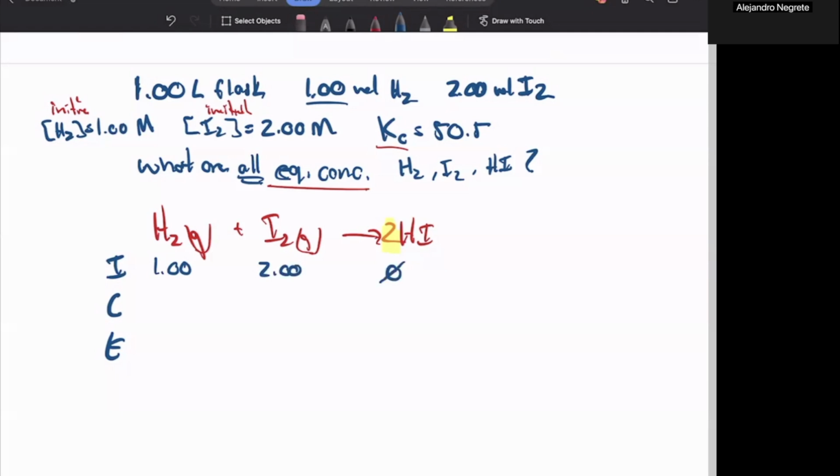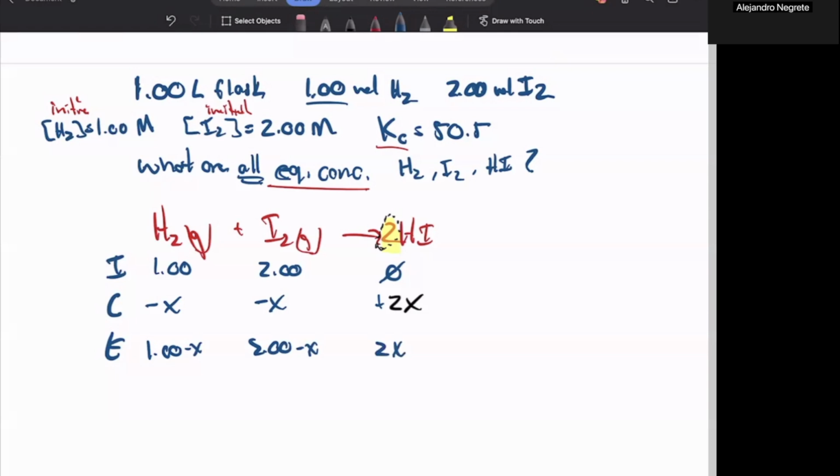The change, because we're starting with the reactants, minus x, minus x, plus 2x. And the equilibrium row, in order to determine it, we're going to go 1.00 minus x, 2.00 minus x, and this will simply be 2x.